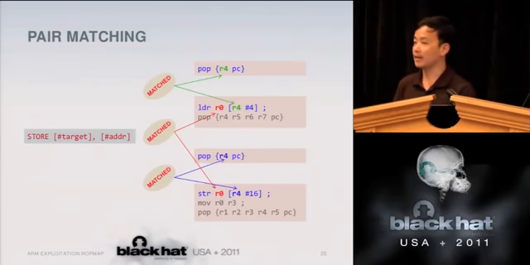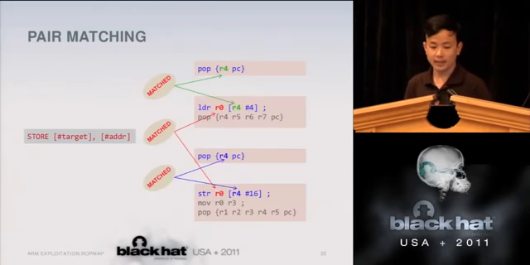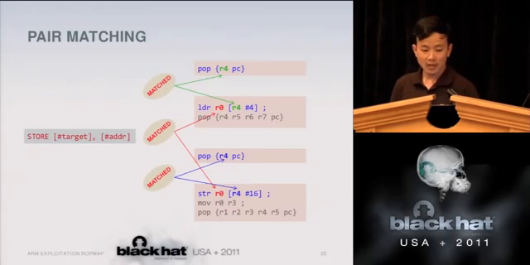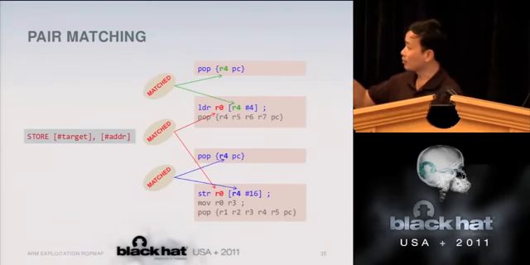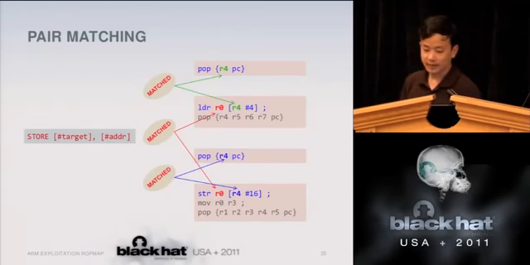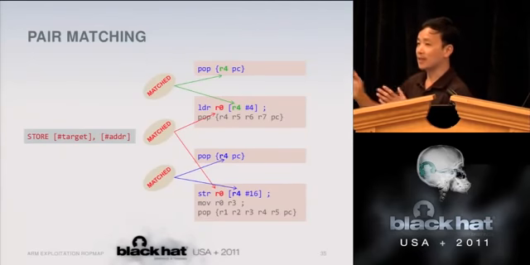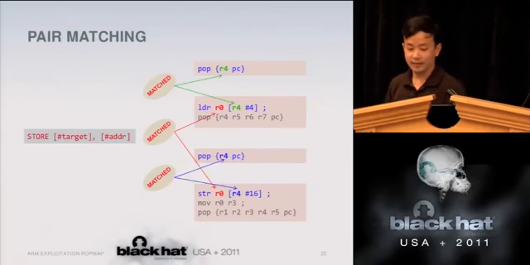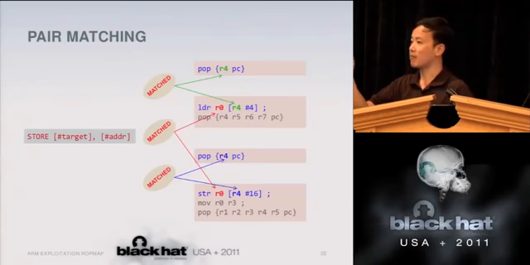In our candidate list, we find another gadget, pop R4 PC, so we know we have to load the target value to the register R4. We match those two gadgets as a pair: R4 plus 16 is matched with R4 in the previous instruction. So we have the first pair match.